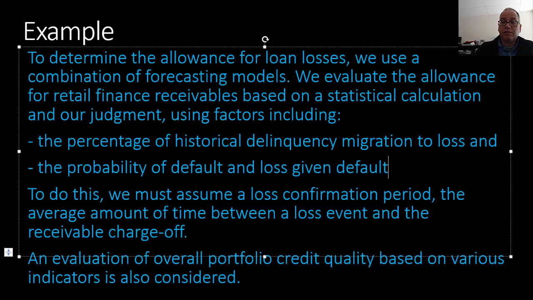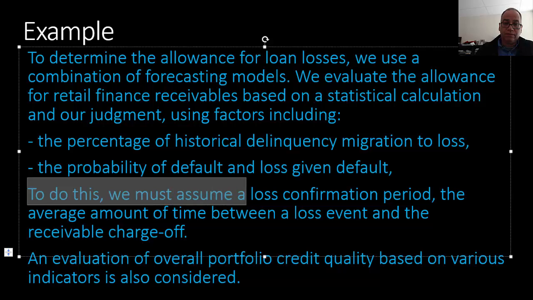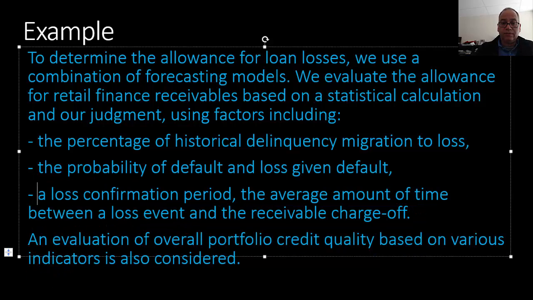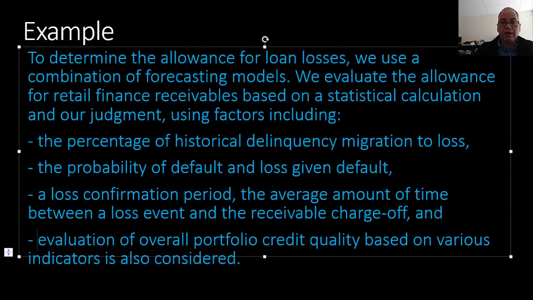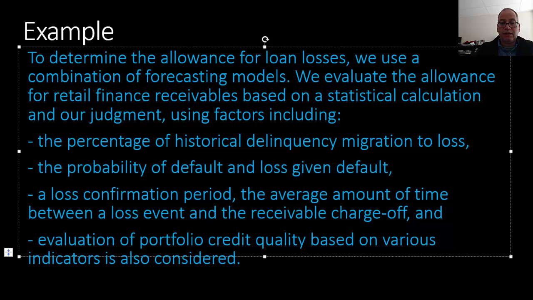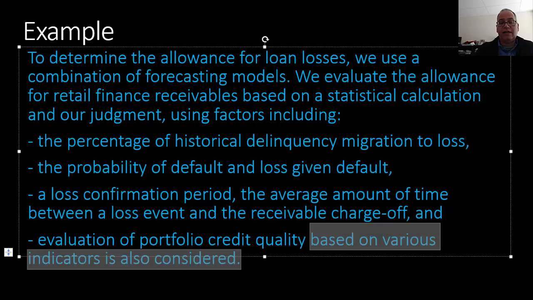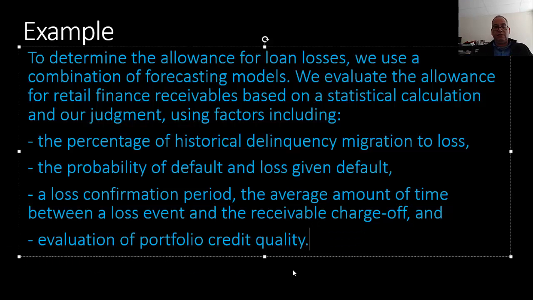So I can just put these into bullets, and evaluation of portfolio credit quality. I don't need to say based on various indicators, and I don't need to say it is also considered. And it's a little more correct, I think, here to put semicolons, but that's a very fine point. I know that every paper I get now is going to have semicolons.